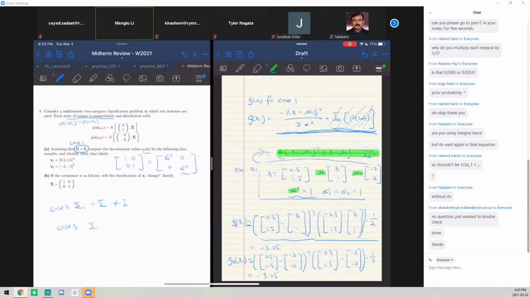And we got two values, the value for class 1 and the value for class 2. We know G1 is larger than G2, so we say X1 belongs to class 1.